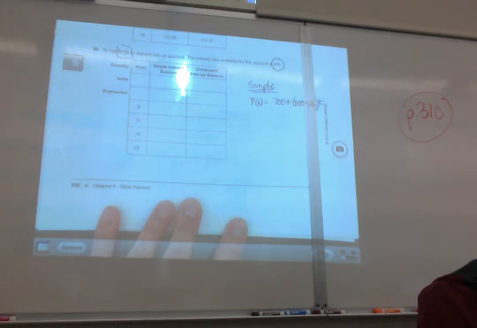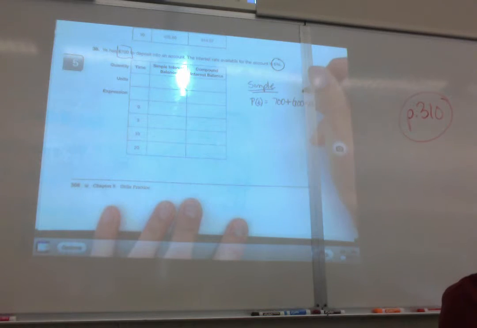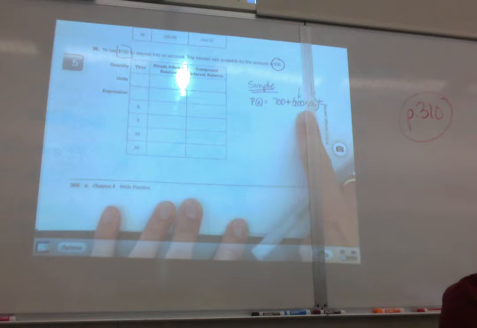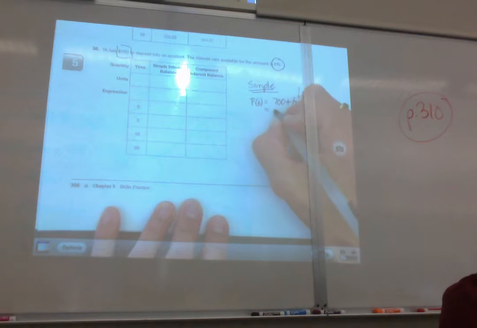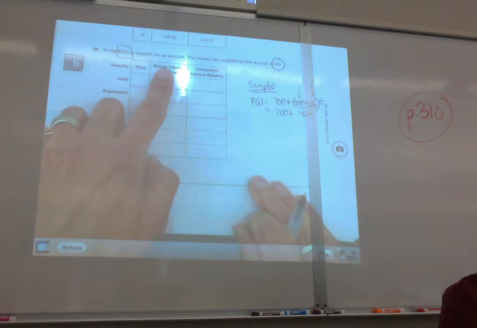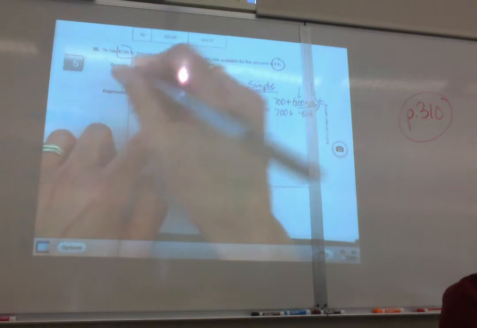The reason I did it over here is I got the 700 and the 0.06 from what it said up here on top, but I can simplify that 700 times 0.06 to fit it into my little table. On, clear, 700 times 0.06. That's 42. So this is 700 plus, I just multiplied those two, 42t. That's what I'm going to write right here for the expression in simple interest.